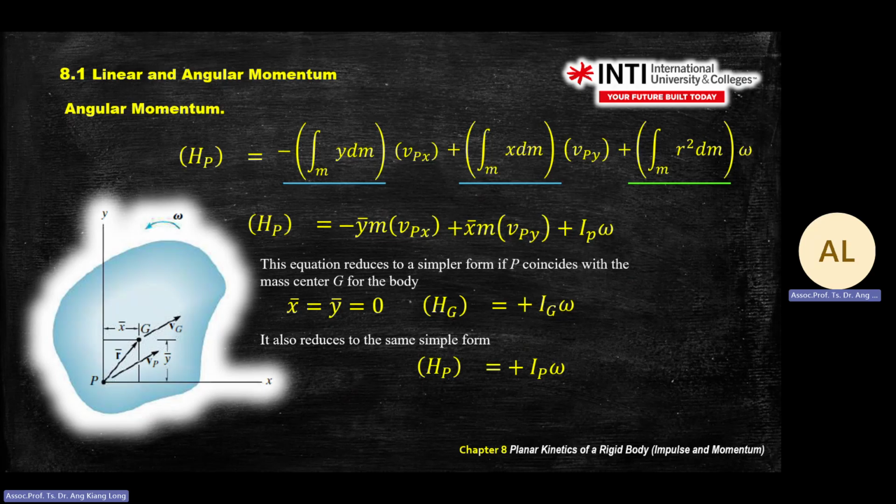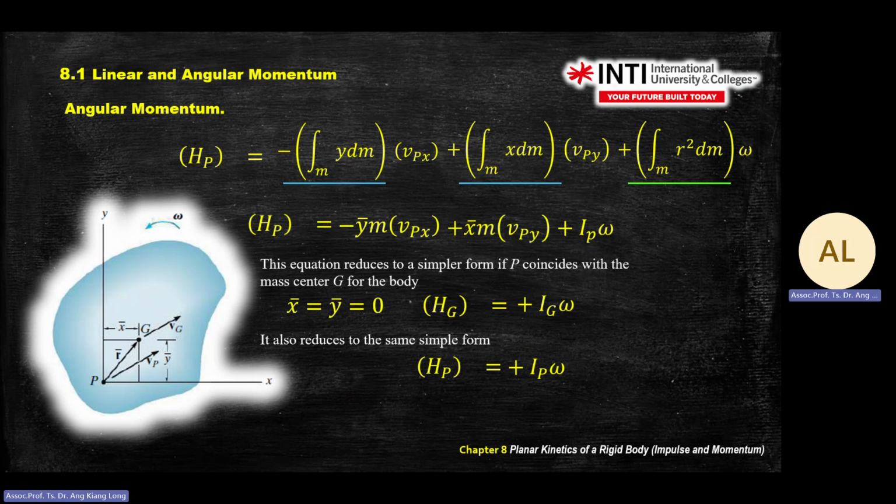So IP and G, what is the difference? It means your G and P are at the same location, meaning your focus point is the same point on the body. Your X bar and Y bar reduce to 0.